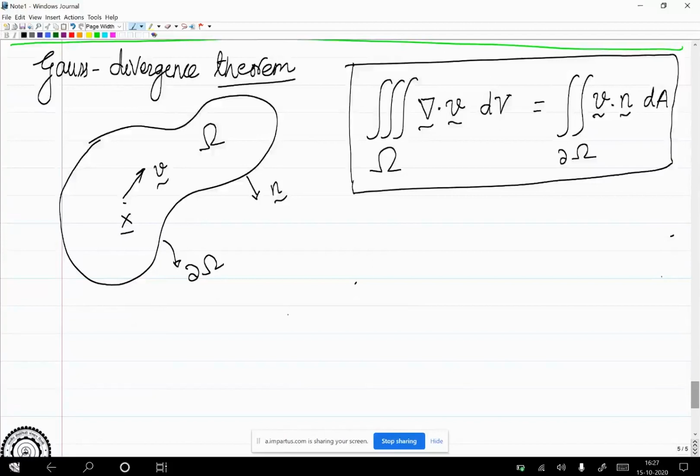Okay. So any other question? Sir, that outward normal, is it a unit vector? Yes, that's a unit vector. Very good.